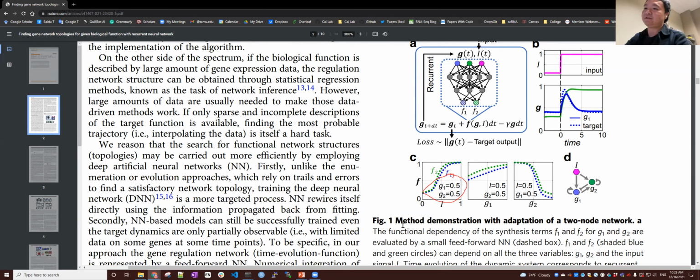So the inferred gene regulatory network is that I will positively stimulate the gene 1 and gene 2.